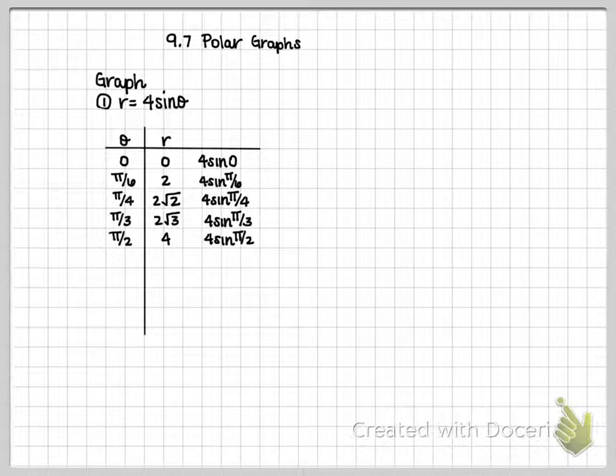Okay, so I went ahead and filled in and did the math on the rest of the stuff in quadrant 1. You see when I plugged in pi over 4 and pi over 3, I got radicals. Well, I need to have a better idea of where these things are located because I am going to graph them on a polar graph. So I just went ahead and typed them into my calculator to figure out what those approximations are. So 2 root 2 is approximately 2.8.